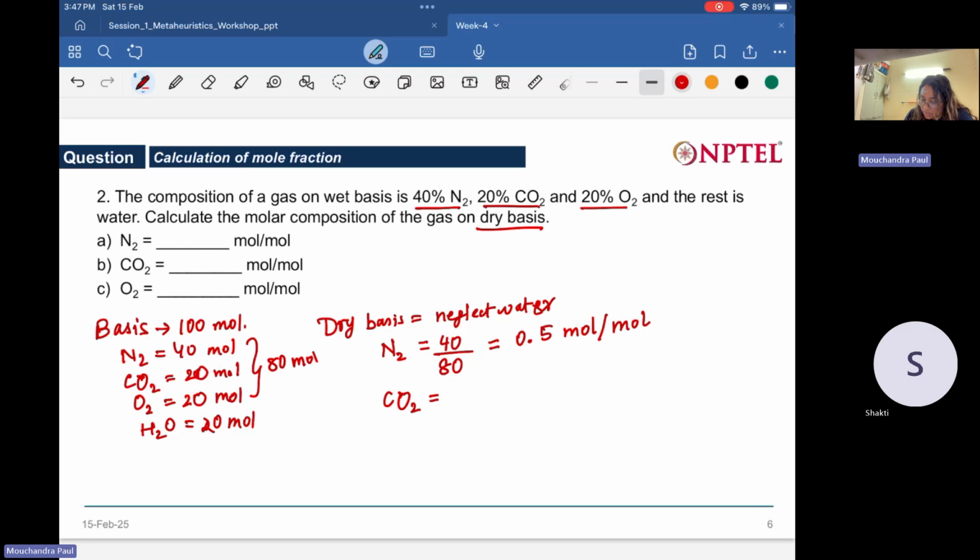CO2 will be 20 by 80, 1 by 4, right? That is 0.25 mole by mole.